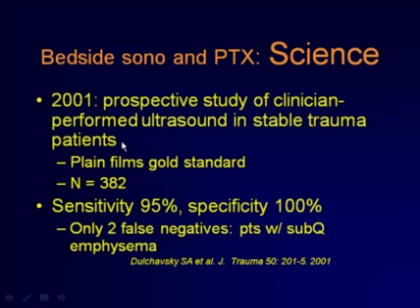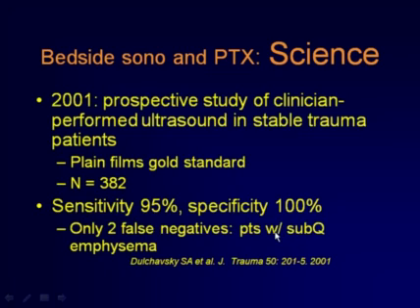In 2001, there's a prospective study of clinician performed ultrasound in stable trauma patients. Plain films were the gold standard, as we discussed before. And in this series, sensitivity was very high at 95%, and there were no false positives.